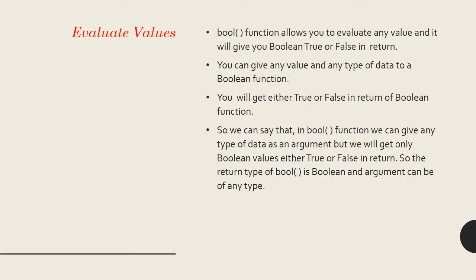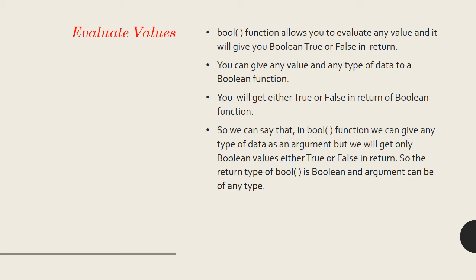Now let's evaluate with the bool function. The bool function allows you to evaluate any value and it will give you boolean true or boolean false in return. So the return type of the bool function is boolean.